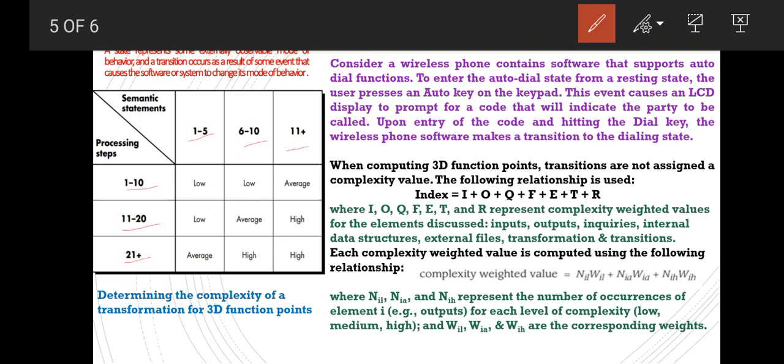As per the items and elements we choose, we handle these values. Corresponding to the processing steps and semantic statements, we consider the level of complexity that we have discussed: low, average, and high.